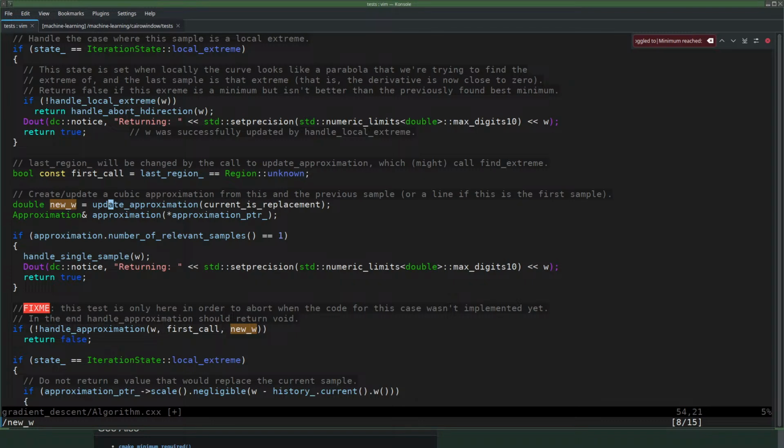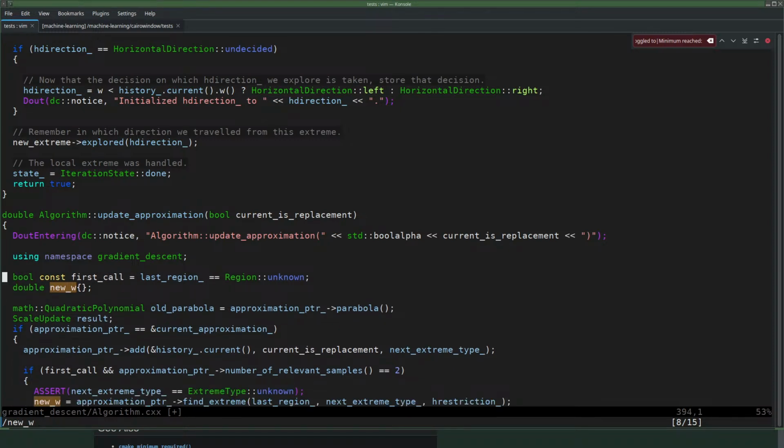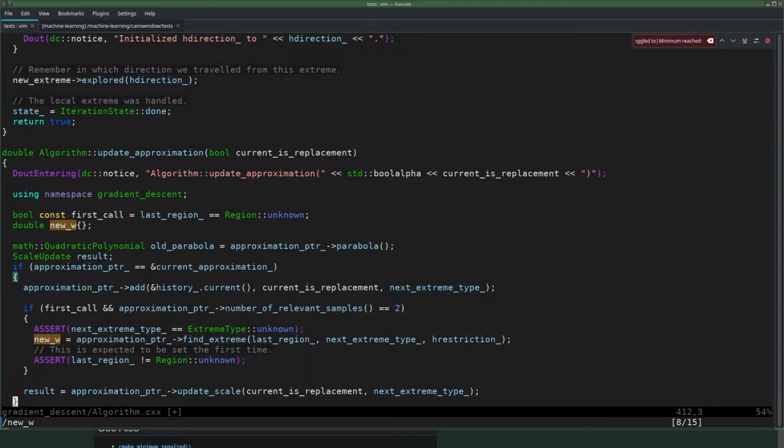So then I call update approximation with the new thing, which is going to do the same thing, isn't it? Though we get here again with again invalid, but it's the same thing. I just have to edit this because of that, but it's a duplicate. So again, this is now false. And then we get here, and this is not true. So we skip over that.